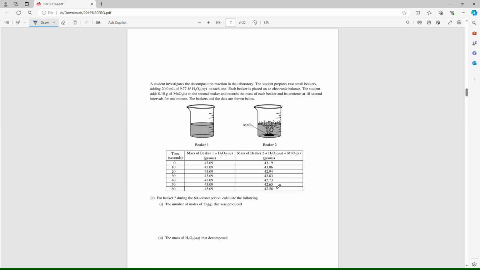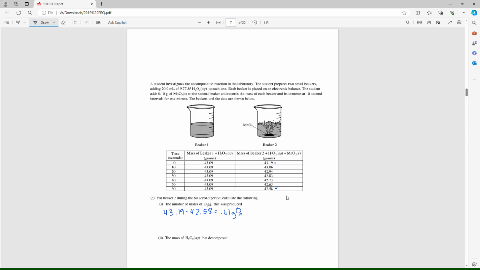So let's figure out what mass of O2 was lost. We could do 43.19 minus 42.58 because we're looking at that 60-second period. That's 0.61 grams. And then from there, we could just simply convert to moles of O2. So this is 0.61 grams O2.